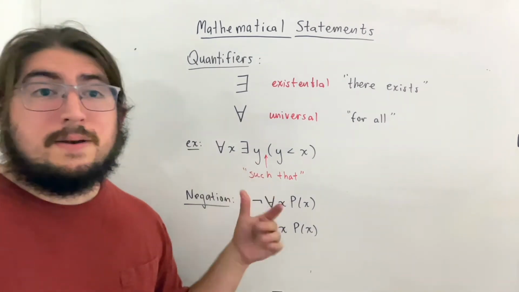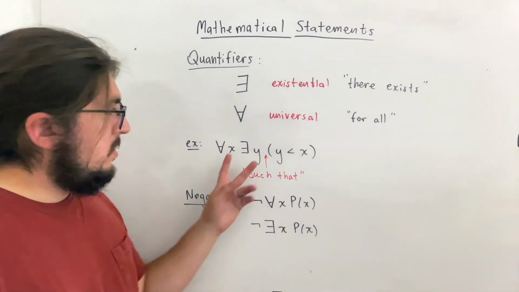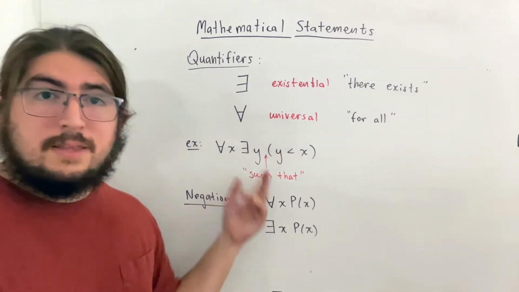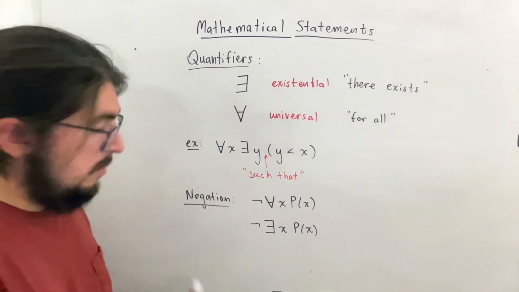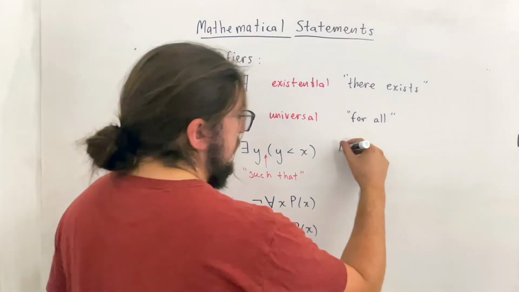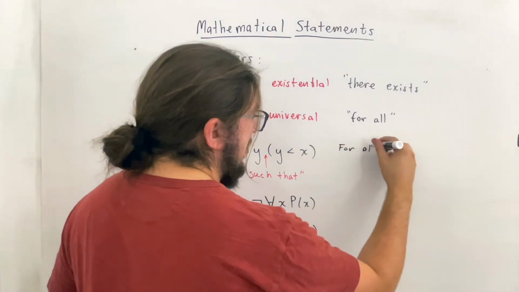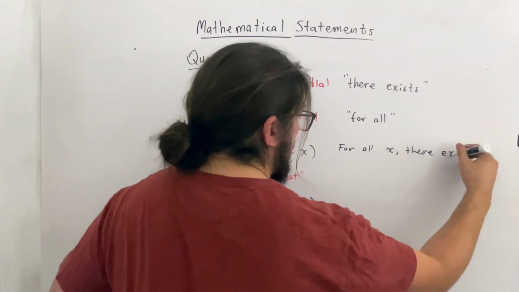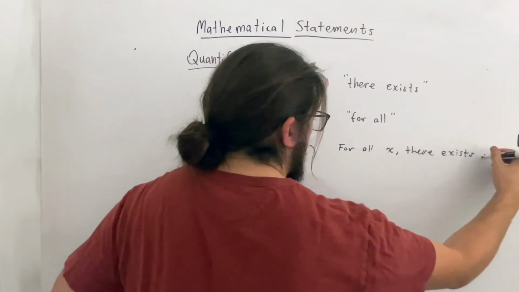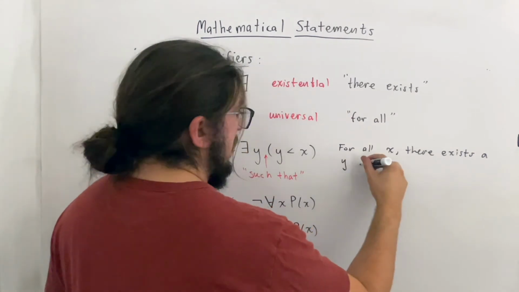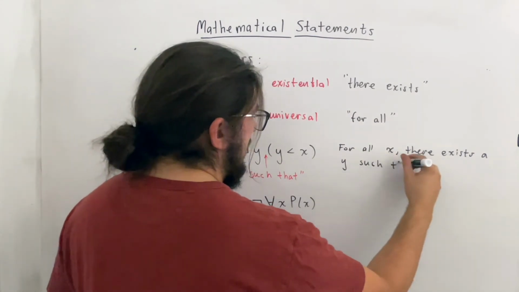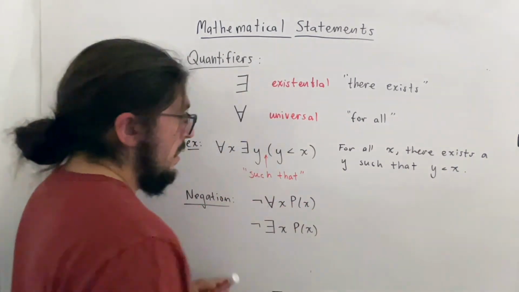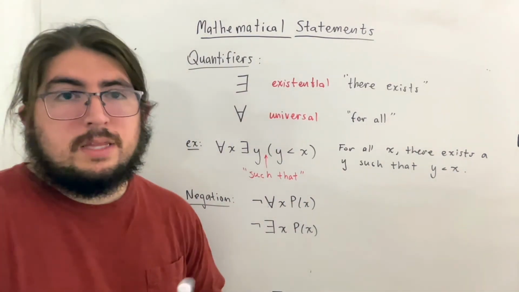You don't really write it, but it's there. So if there's no quantifier in between these 2 statements, like y and y is less than x, then there's a such that. So the way you would say this in words is, for all x, there exists a y such that y is less than x. Now here we're assuming x and y are real numbers. I didn't write that.